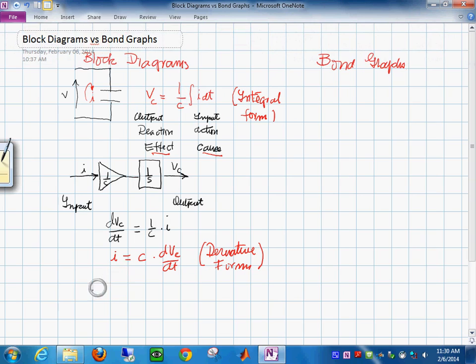So if you do that, you see the input here is V sub C, and then this input gets differentiated.